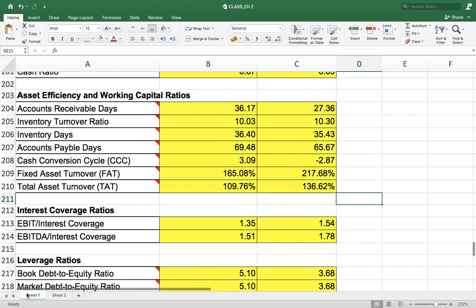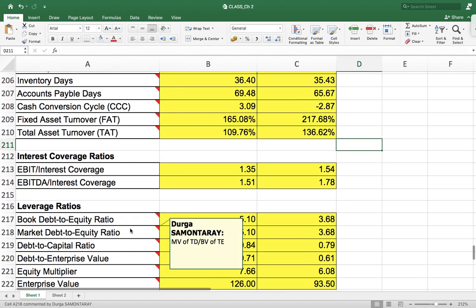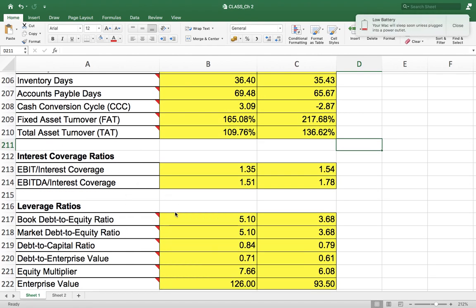Then we will see the interest coverage ratio, which is about how many times the interest you are earning. That is the coverage ratio. How much EBIT is how many times the interest. EBITDA is how many times the interest.